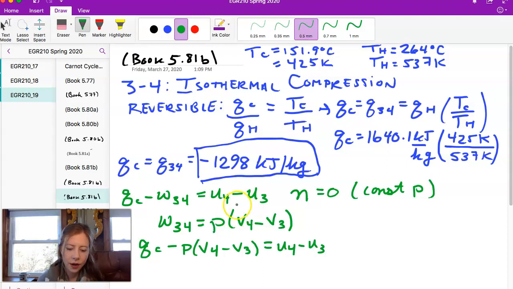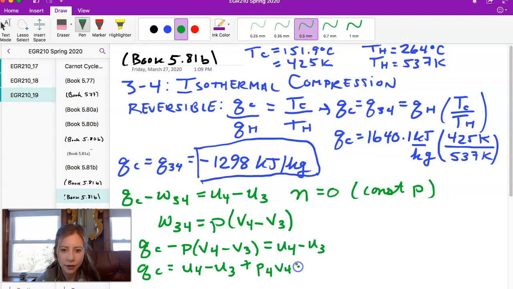Okay, and so here we have that QC is equal to U4 minus U3 plus, and we know that P4 and P3 are equivalent, but I'm just going to write them in, P4 V4 minus P3 V3. All right, so one thing I want us to notice, let me just rewrite this in a different order.